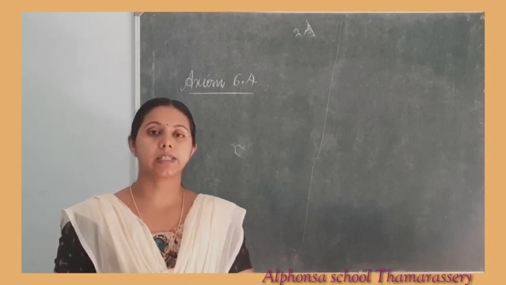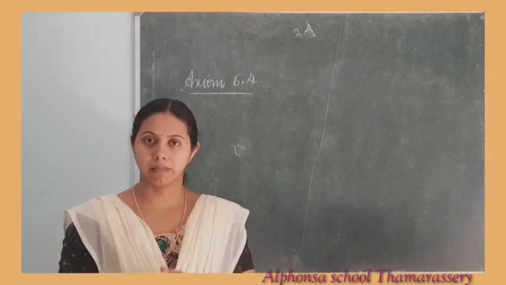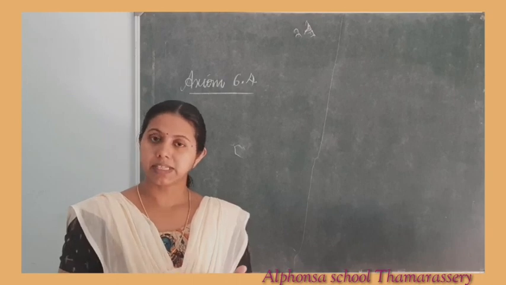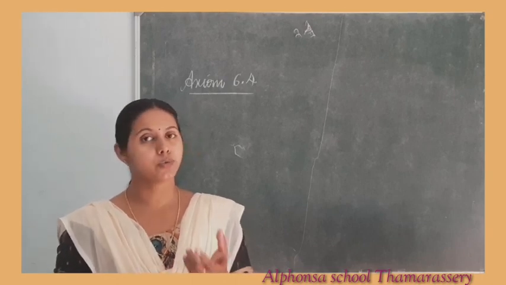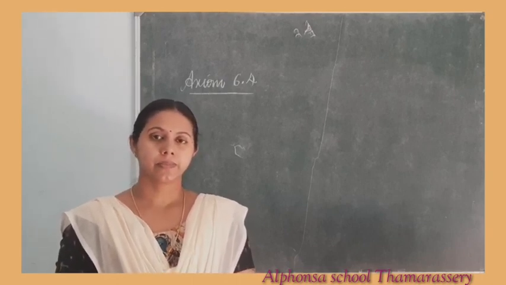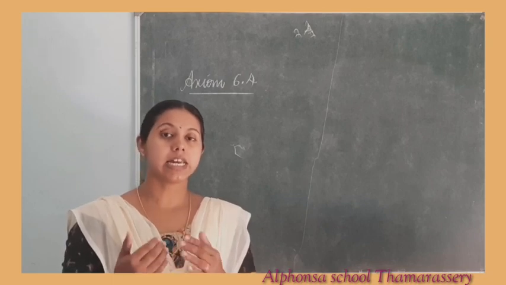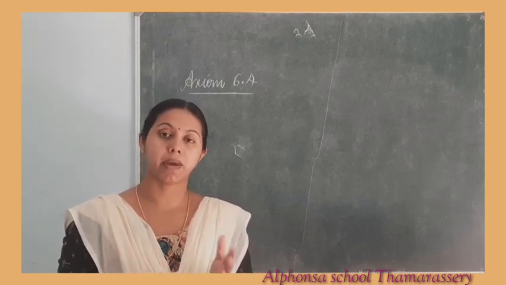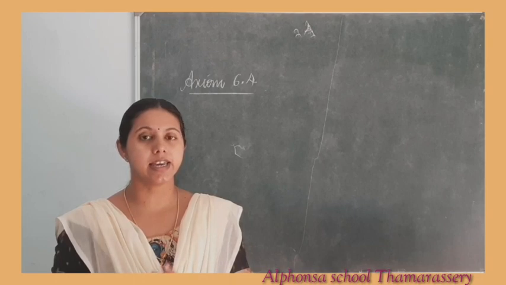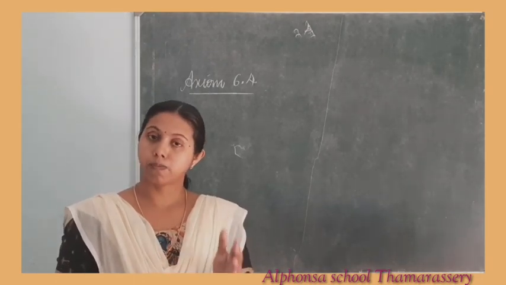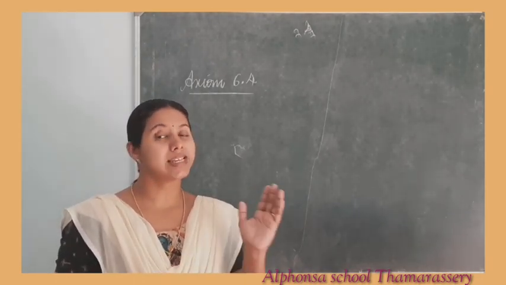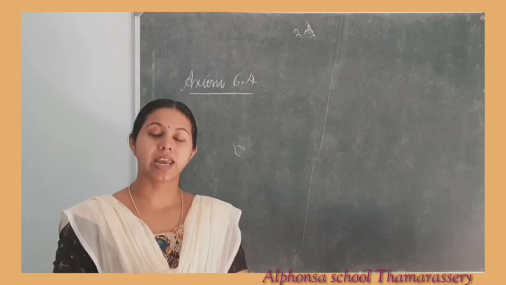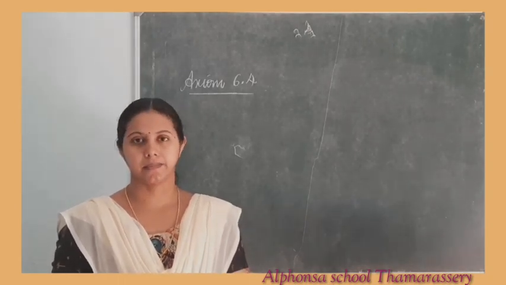Using these two axioms, we can prove other statements. That means if a transversal intersects two parallel lines, then each pair of alternate interior angles is equal. We can prove that statement using the corresponding angles axiom.